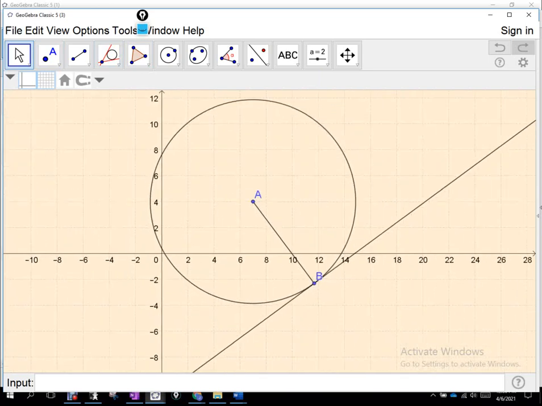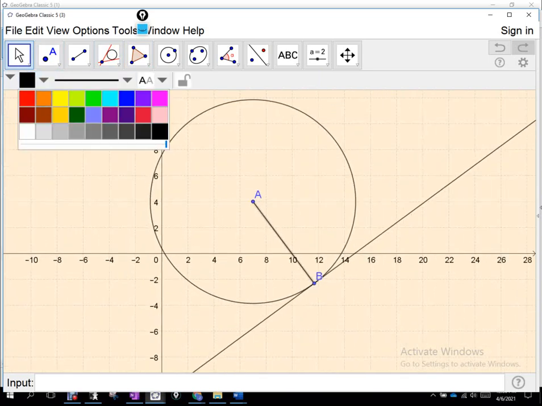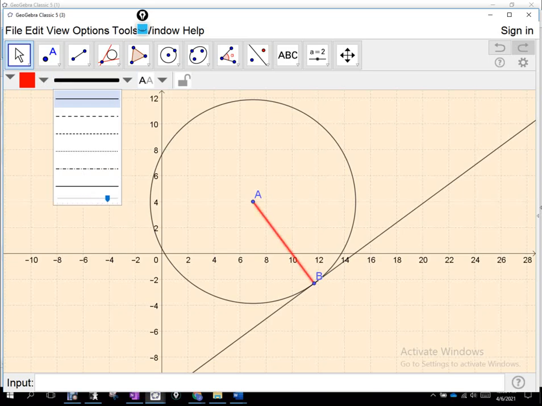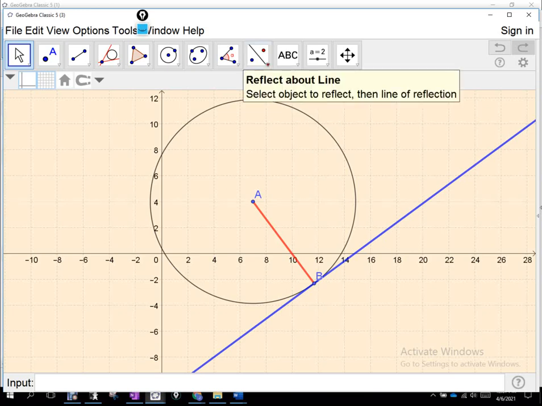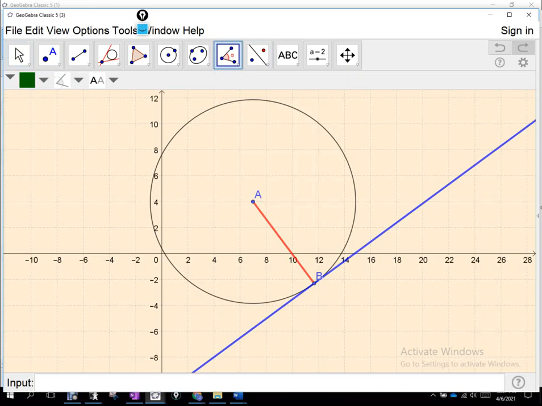So I've got my red radius and my blue tangent line. Anybody want to take a stab at how they intersect? They're perpendicular. I can ask it to determine the angle between the blue and the red, and that is a 90-degree angle there.